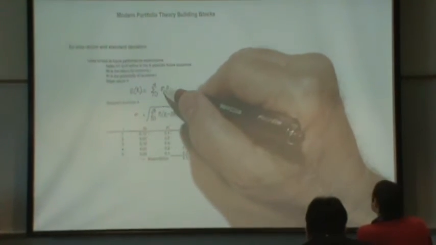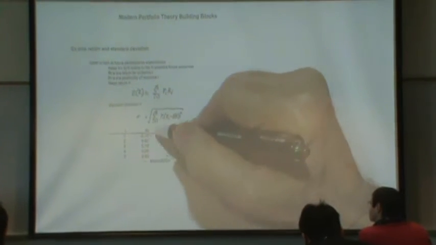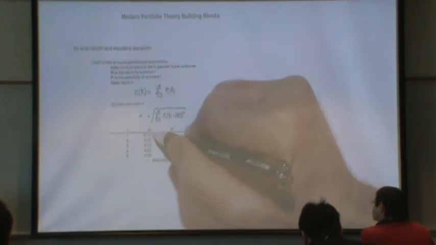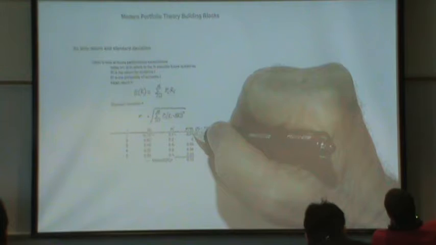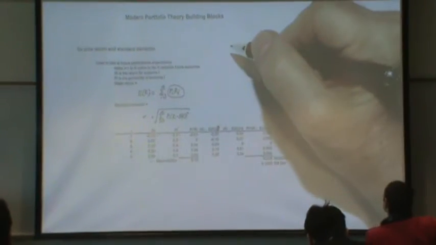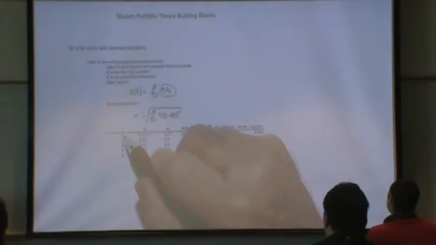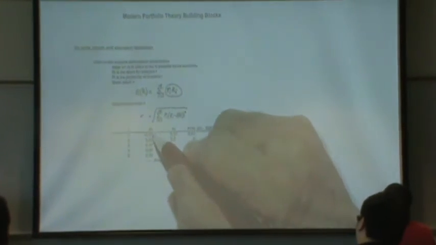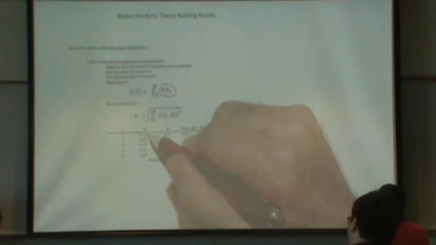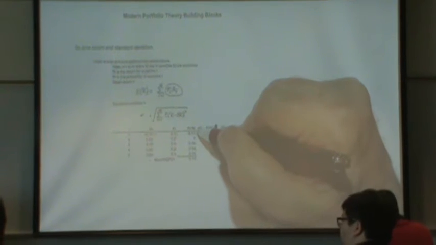So if we want to figure out what the expected return is, we just multiply the probabilities times the returns and get those products. That's what this says. It says take the P_i times R_i for each one of them. For i equals 1, P_i times R_i is 0.1 times negative 0.1, which is negative 0.01.